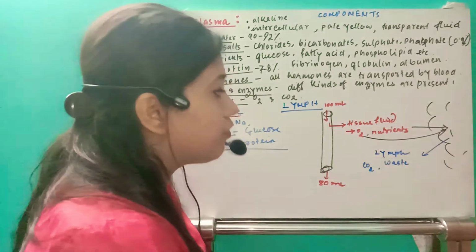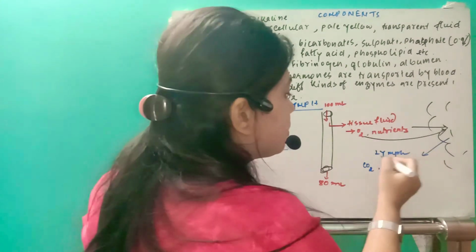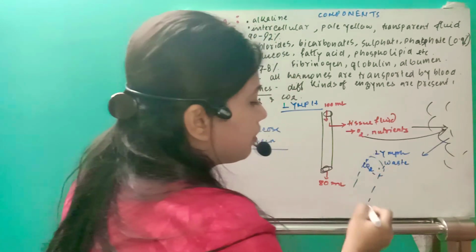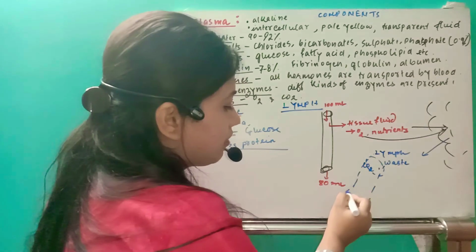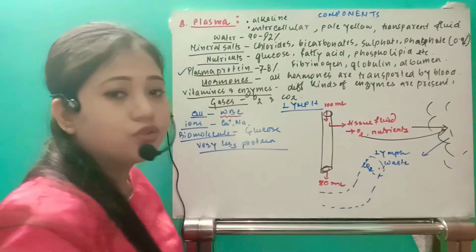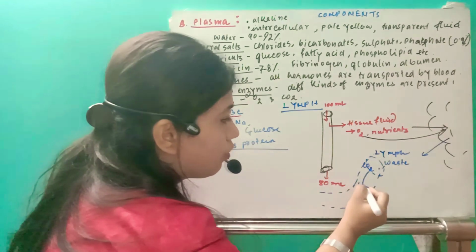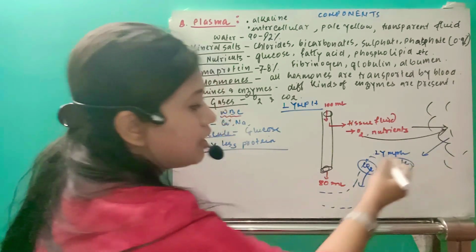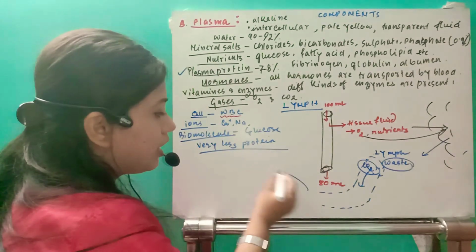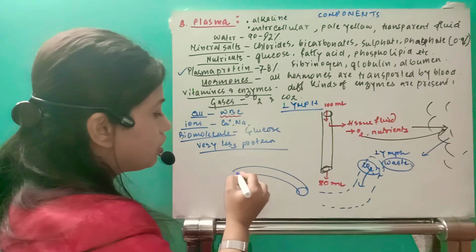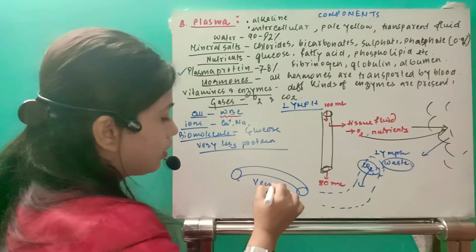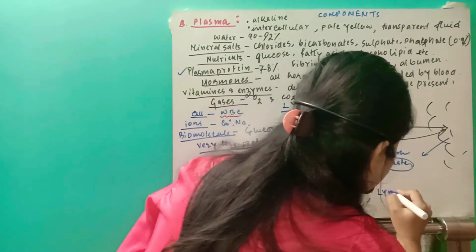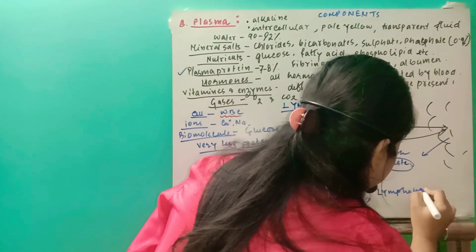This lymph will enter the lymphatic vessels. The lymphatic vessel will carry this lymph, carrying carbon dioxide and waste from the tissue fluid, and give it to the veins by the lymphatic system.